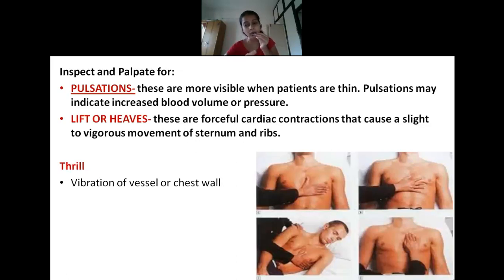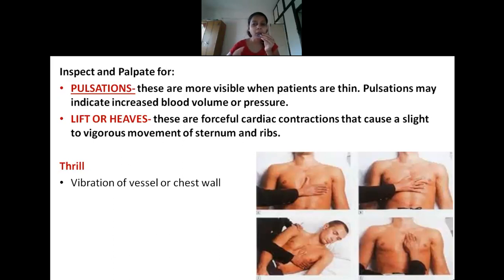These things are only detected by cardiologists; nurses are not doing these things. But you should know the theoretical part. What is a thrill? What is a heave? What are pulsations? You should know all these terms. So, a lift or heave is a cardiac contraction with vigorous movement in your sternum or rib. Now, why do you see that?